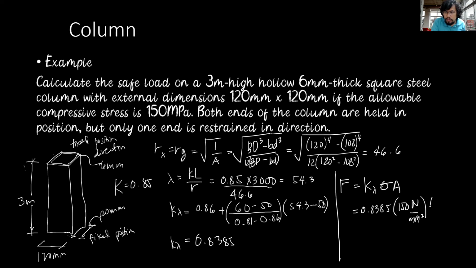Then we multiply this by 120 squared minus 108 squared, in millimeters, so that we get the value. 120 squared minus 108 squared times 150 times 0.8385, it's 344 kilonewtons.